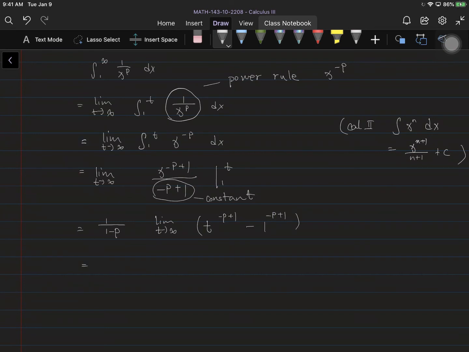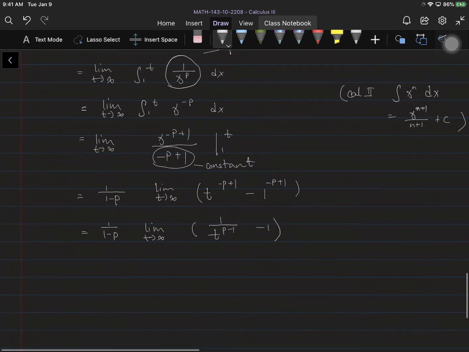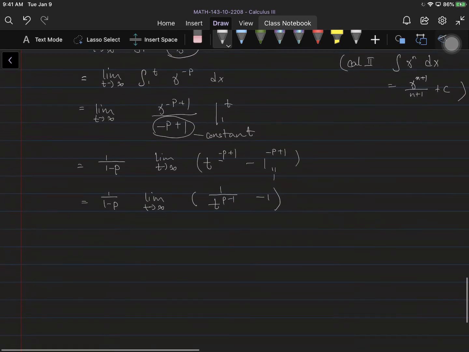Let's rewrite this in this form, where the t term goes into the denominator. Now let's take a look. When p is greater than 1, p minus 1 is greater than 0.